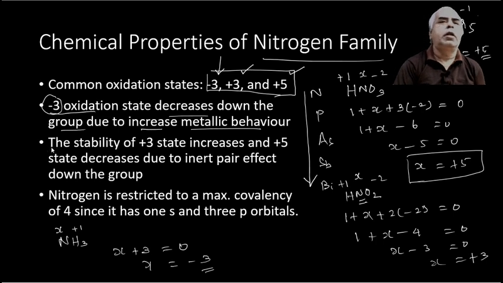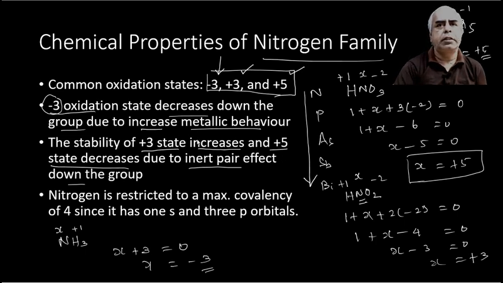Right. Now, let us check the stability of the +3 oxidation state. That actually increases and the +5 oxidation state decreases. It is because of the inert pair effect down the group. What do you mean by inert pair?